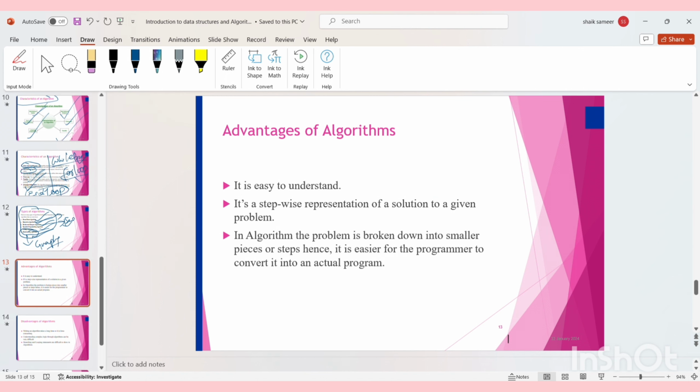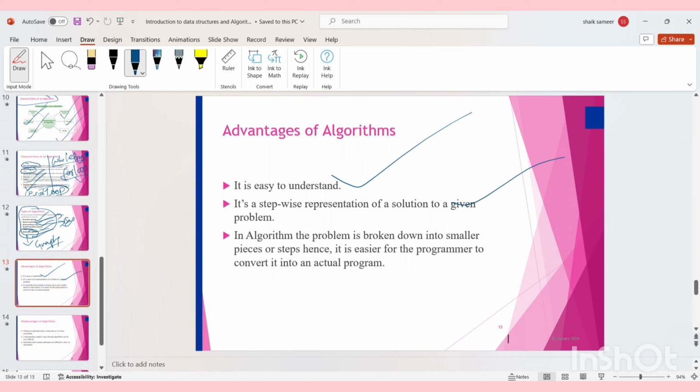Now the advantages of an algorithm. It must be easy to understand. When you write an algorithm in any language, it must be easy for other users to understand. It is a stepwise solution, so you have to write a stepwise representation.